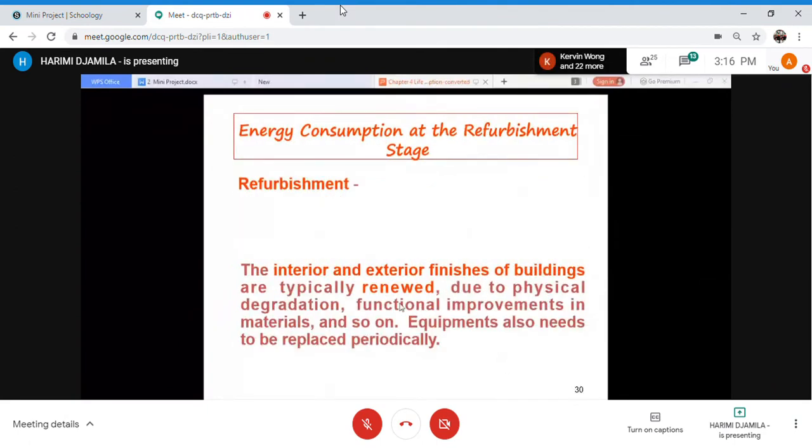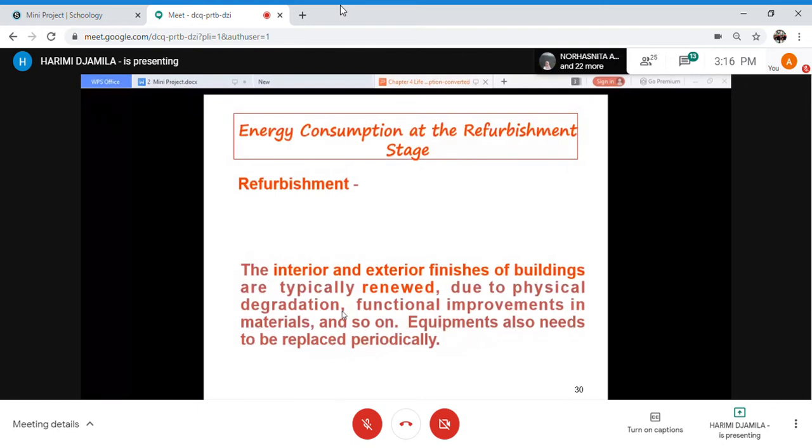Here it doesn't provide all the details, but I explained it previously. It also includes interior and exterior finishes of the building, given that they are typically renewed. Physical degradation means you need to do some repair. It's supposed to be considered.